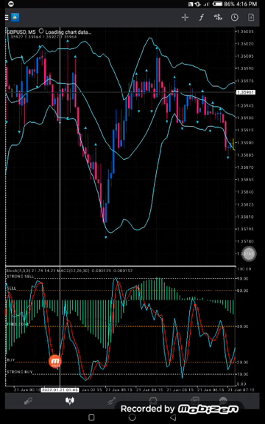The stochastic is not pointing downward, it's not giving you a bearish direction. It has changed to a bullish direction.